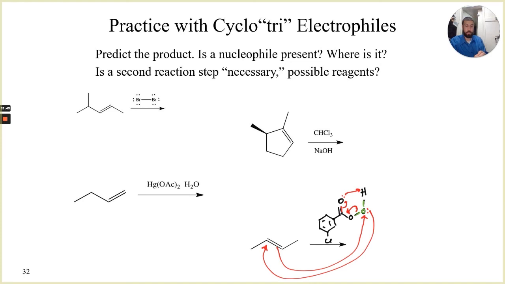Why is that acid-base reaction important? Well, if we show the product on this, we've got oxygen connected, and then we'd have the metachlorobenzoic acid, and we'd have our answer.